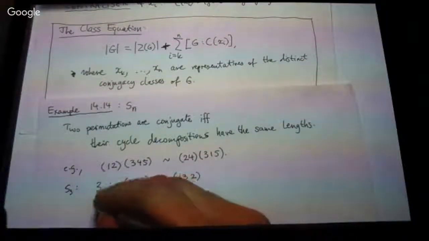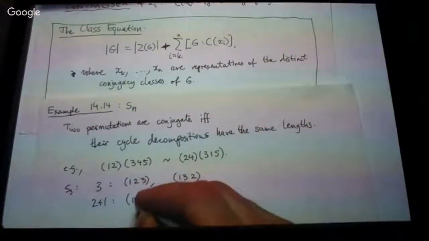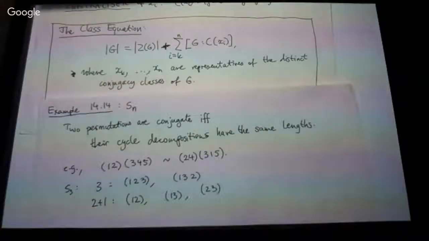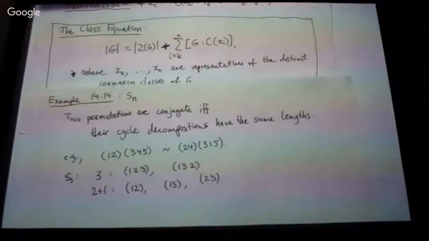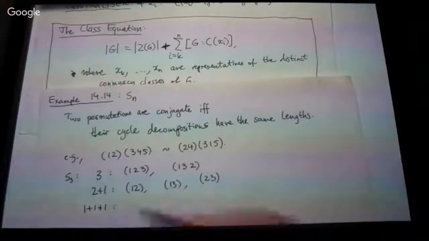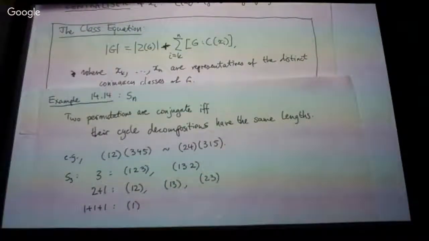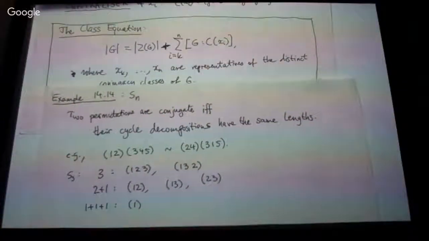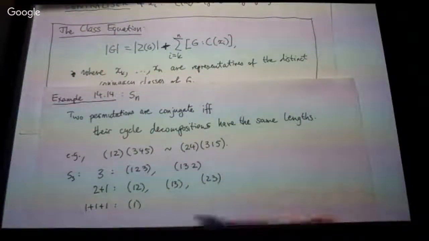Then there's a 2 plus 1, which would be (1 2), (1 3), and (2 3). That's 3 permutations. And then there's 1 plus 1 plus 1, and that's the identity. So the center in this case is just the identity.